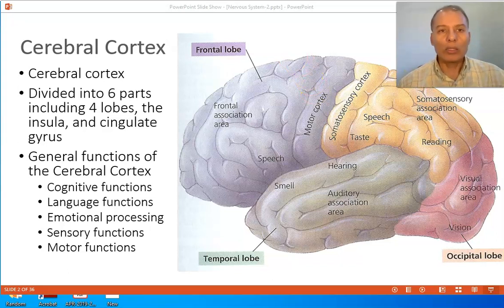One is sulcus, and sometimes we also use the term fissure, especially if it is very, very deep. A deep groove in the brain is called fissure, and most of them are called sulcus, and the plural is sulci.